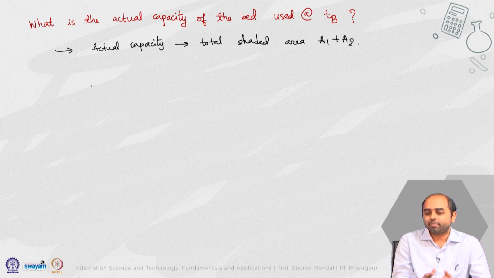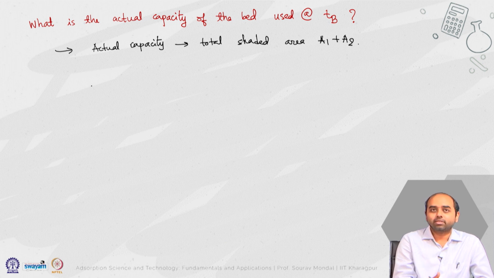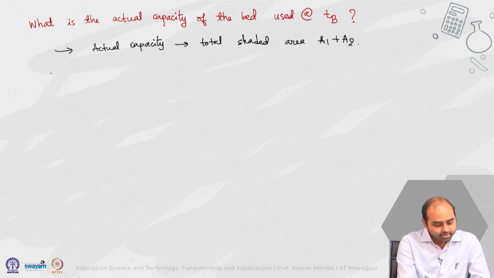The stoichiometric term actually evolved from the fact that this is like the mass balance: the total amount of capacity of the bed that it can absorb should be equal to the mass of the species that is removed from this system, which is nothing but the inlet concentration times the volumetric flow rate, multiplied with the time. That gives us the amount that is removed, and that is equal to the equilibrium capacity. That is why it is referred to as the stoichiometric capacity.